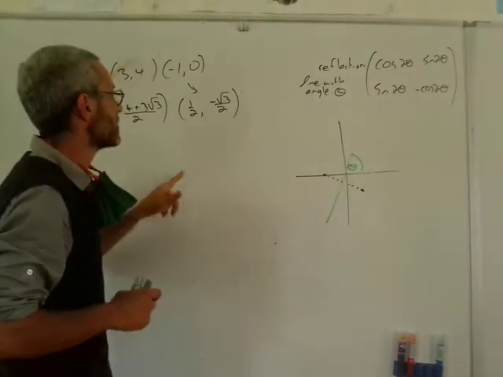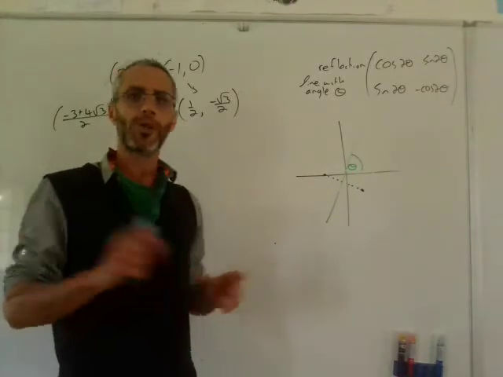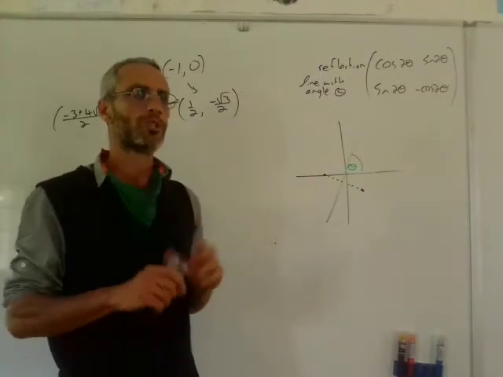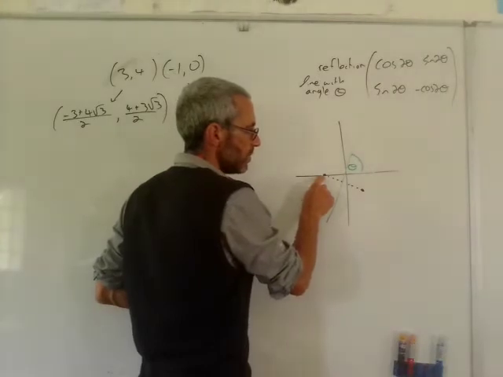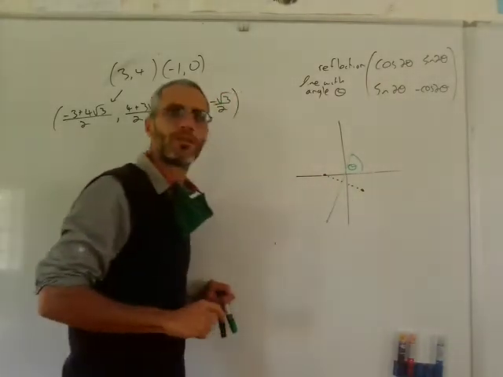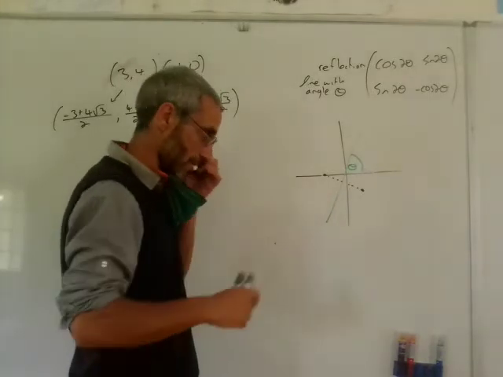What they're asking us here is to find the angle. So far, in all the transformation questions, given a certain point, we had to find the transformed point. That's answering your question from a minute ago.